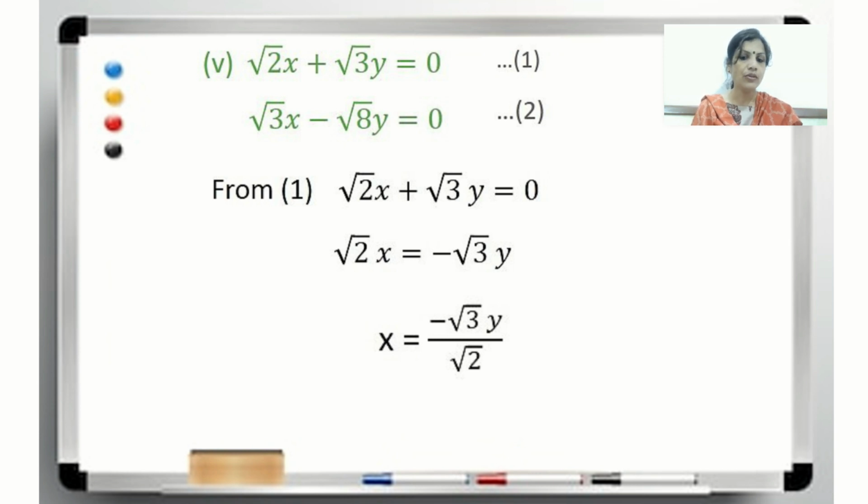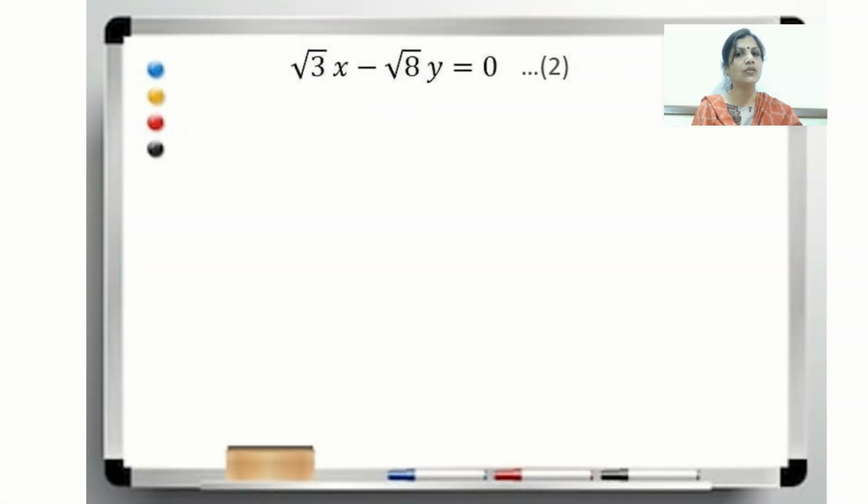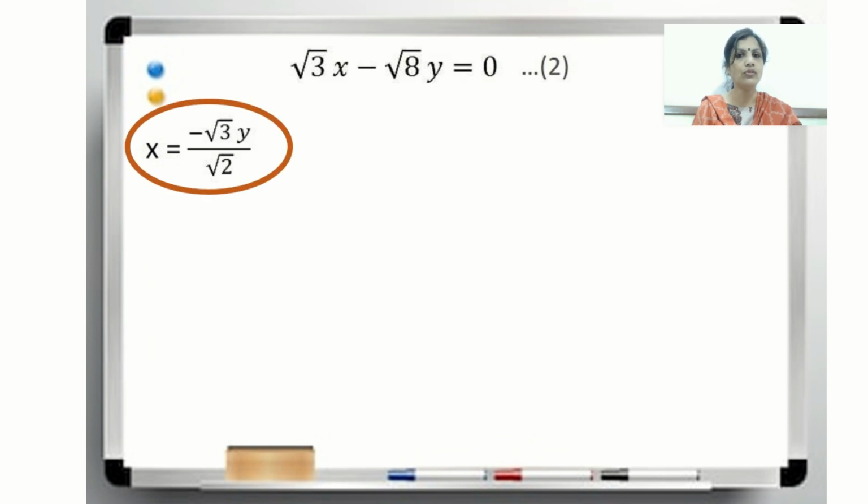Now this value of x we will substitute in equation 2. So let's start doing it. Equation 2 is √3x − √8y = 0. We have to substitute the value of x here, and what is the value of x? The value of x is −√3y upon √2. Let's start substituting.